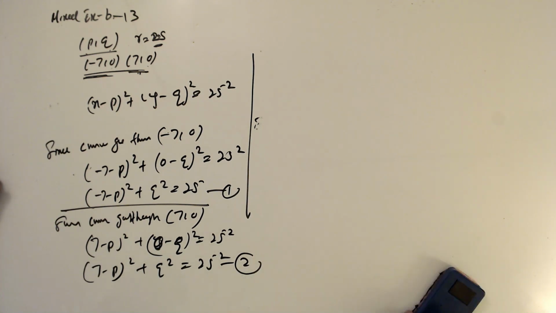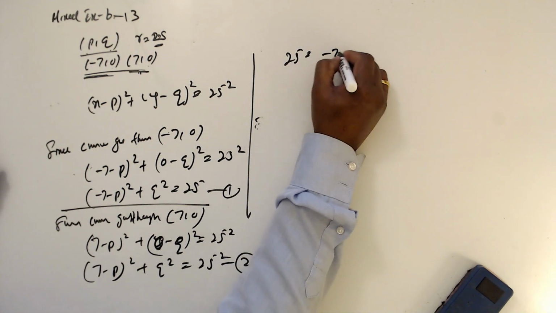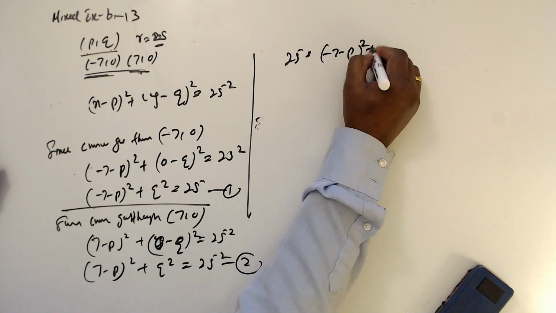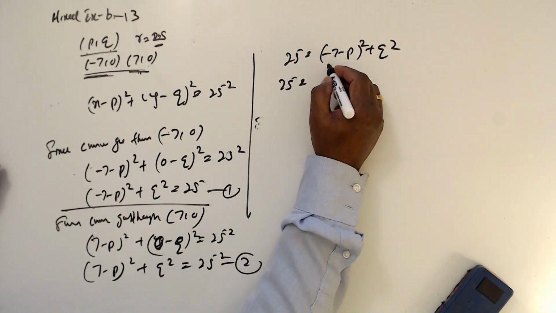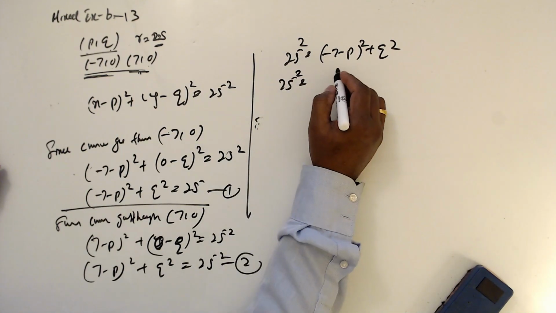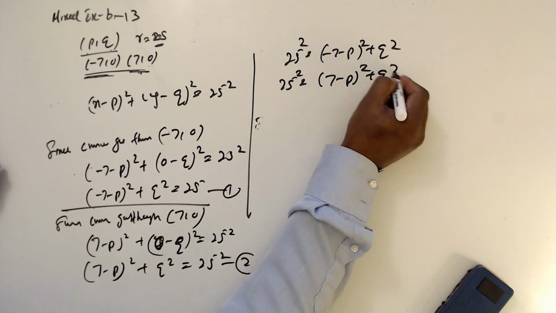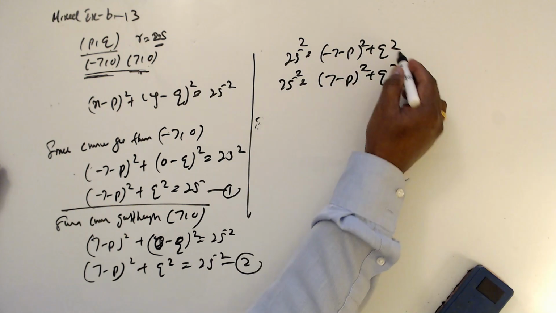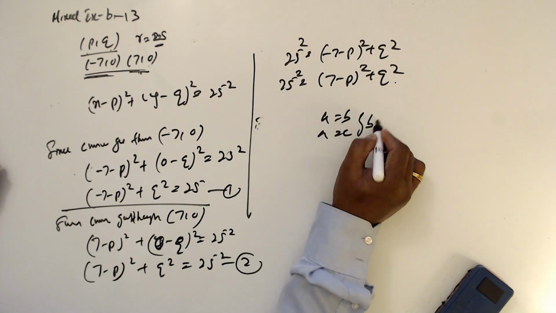Now you can see 25 squared equals (minus 7 minus p) squared plus q squared, and 25 squared equals (7 minus p) squared plus q squared. I will make those two equal because if a equals b and a equals c, hence b equals c.